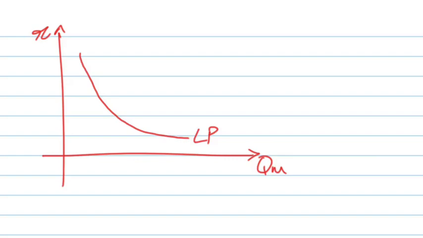Let me use a different color, where this portion is transactions and precautionary, basically the active balance, and this portion is speculative demand for money, the idle balance. So in the next video we'll talk about the supply of money, and then we'll talk about interest rate determination using the LP curve and the supply of money.